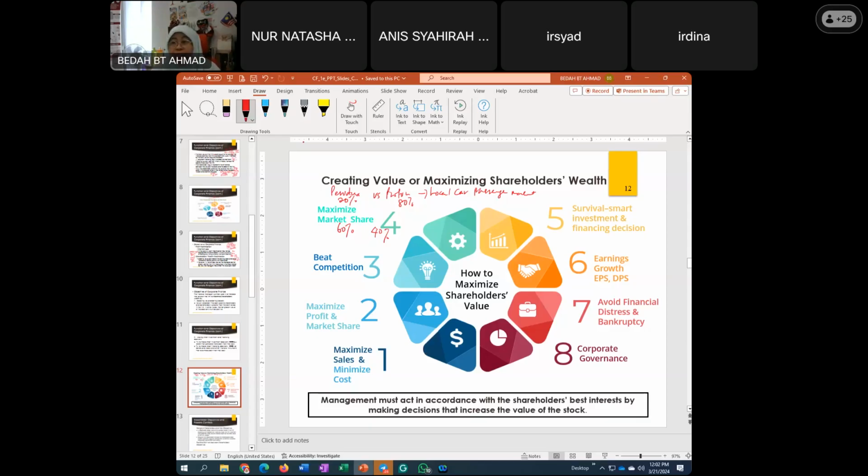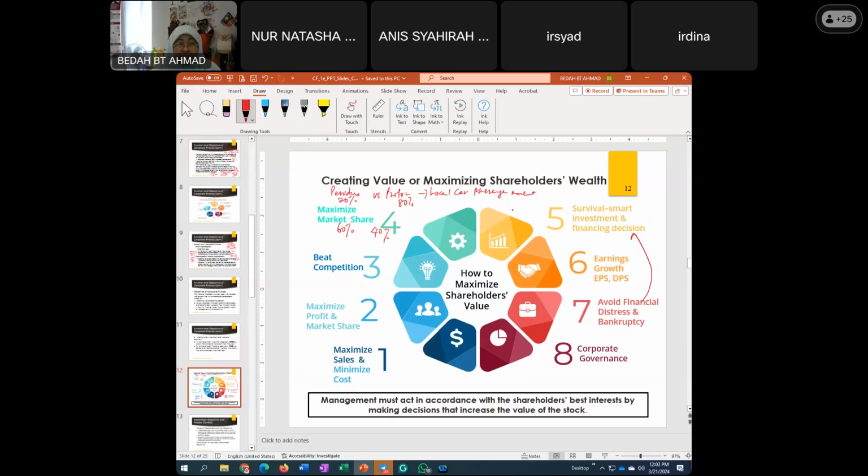Then have a smart investment and financing decision: increase earnings per share, increase growth, increase dividend per share, avoid financial distress and bankruptcy. This relates to the smart financing decision. Smart financing decisions can help the company avoid financial distress.